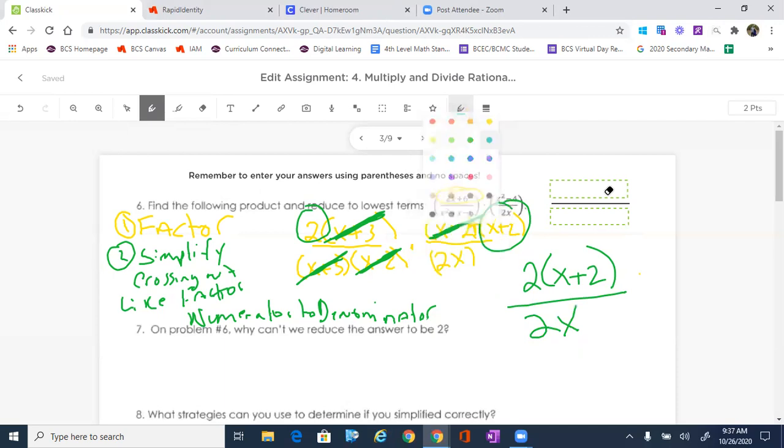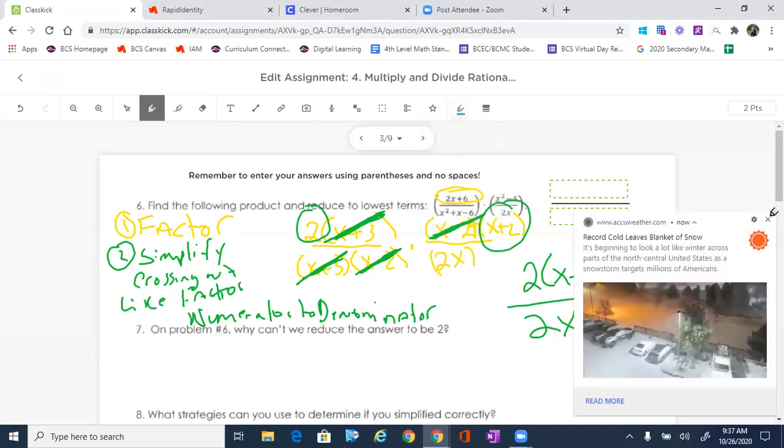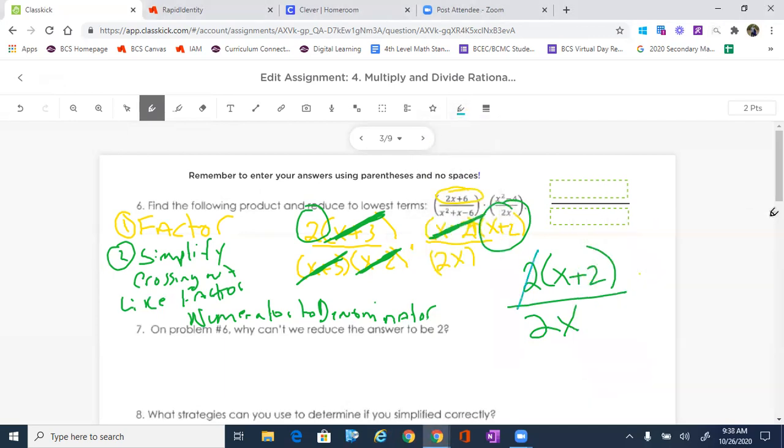And now we're just at our basic simplifying rationals. We've got a 2 and a 2 that cancel out, and we are left with (x + 2) over x. Now remember, x + 2 is its own value, and x is an individual value. They are not the same, so we cannot cancel those x's out.